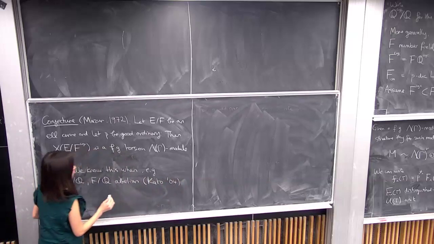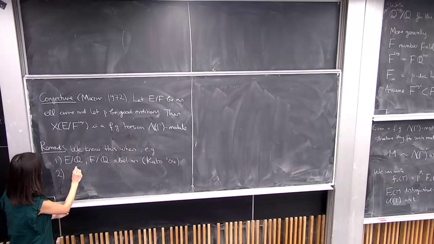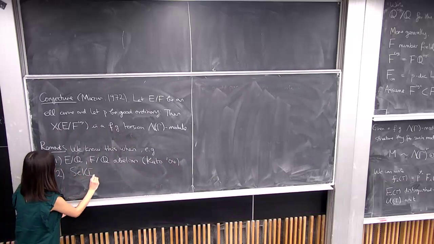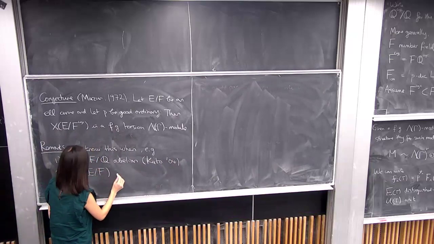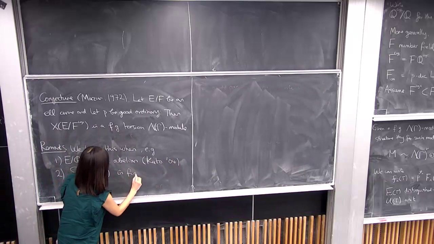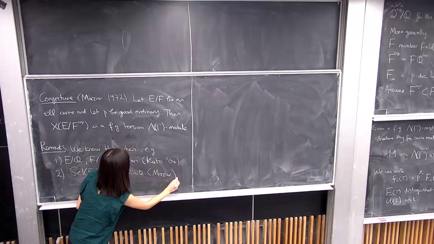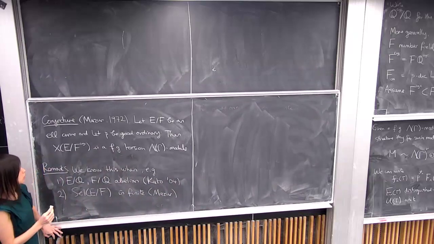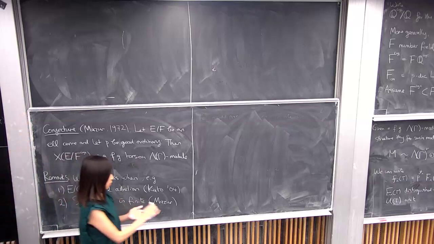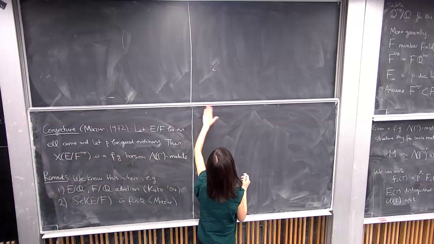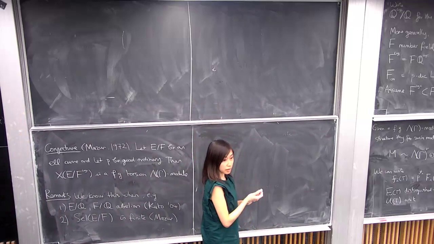Secondly, if the Selmer group over the base field F is finite, Mazur already showed this. And in view of the structure theory for Lambda(Gamma)-modules, we can rewrite Mazur's conjecture in the following way.